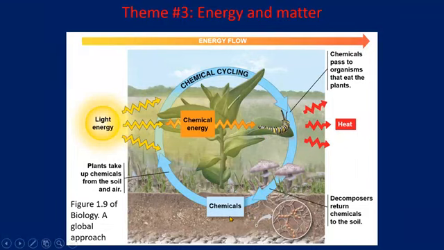Whatever chemicals are there after decomposition can be absorbed by the plant, and then it will recycle all these things. So this is basically a kind of balance between energy and matter. This energy and matter is very different from the physics concept, the Einstein concept, so we are not discussing that over here.